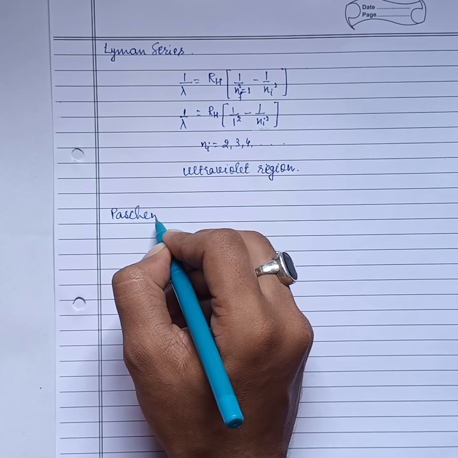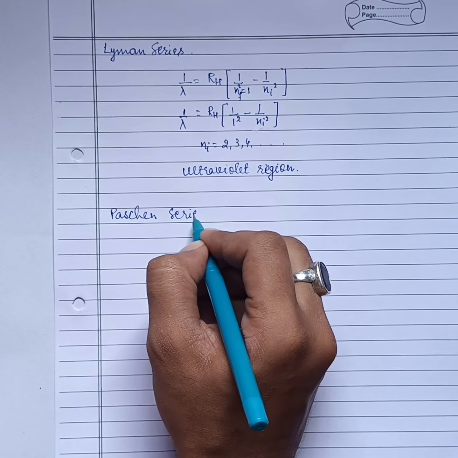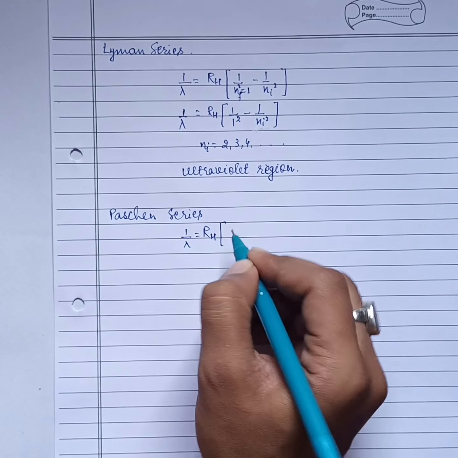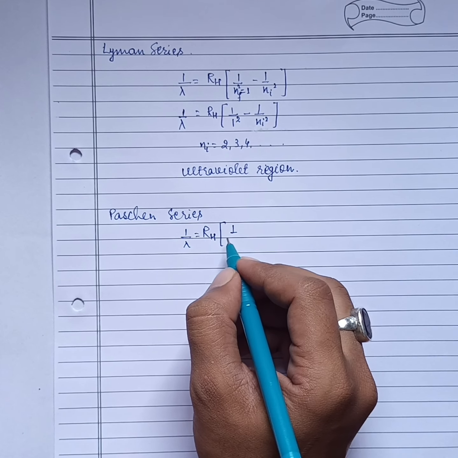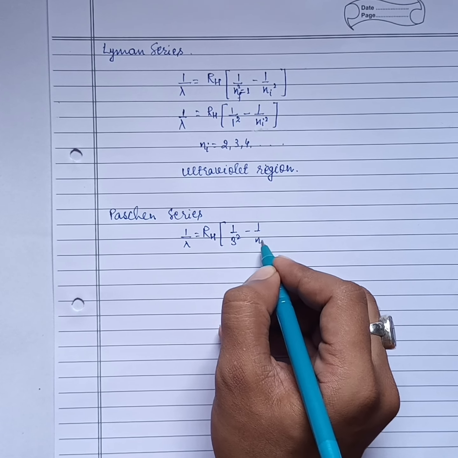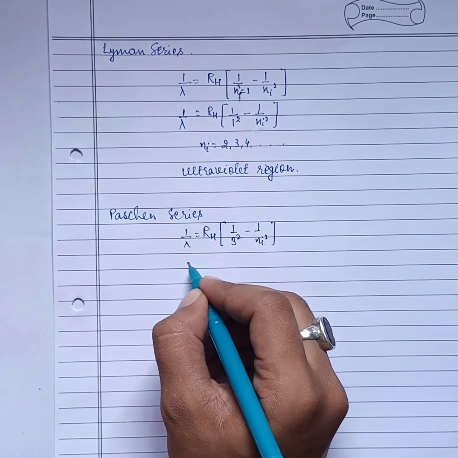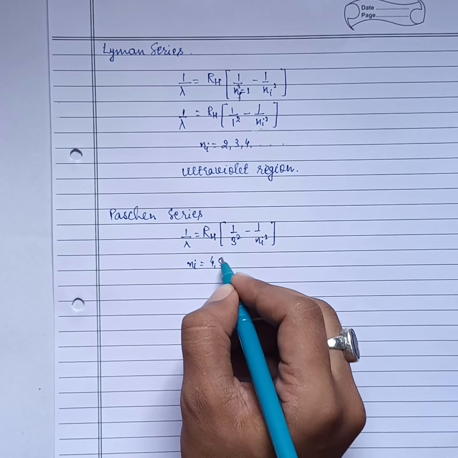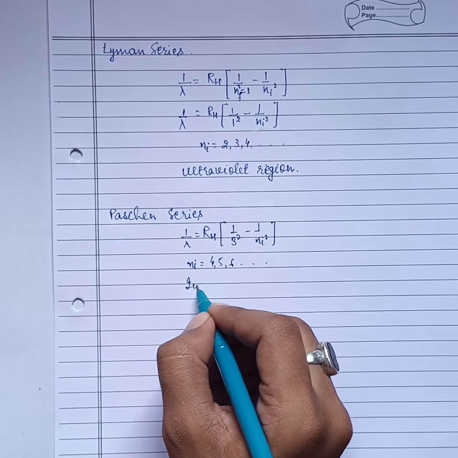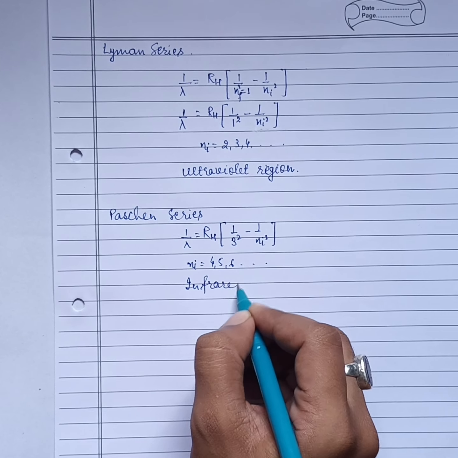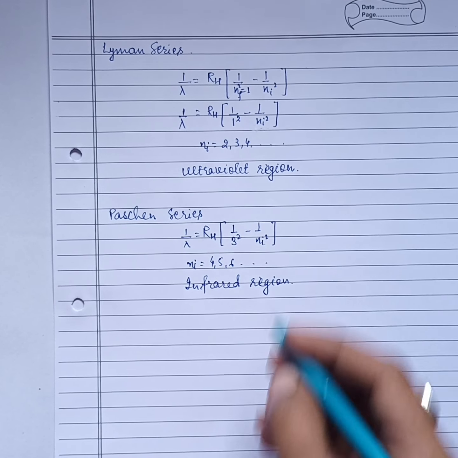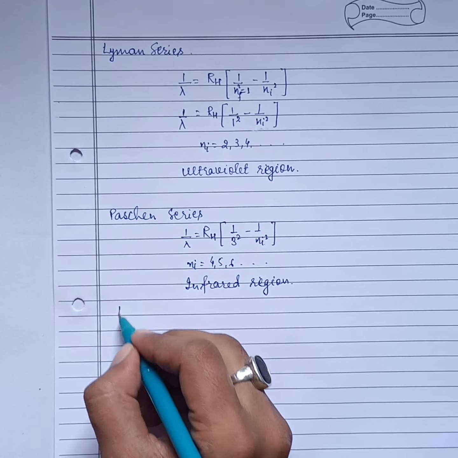Then we studied the Paschen series. Here, Paschen put 1 upon lambda equal to RH times 1 upon 3 square minus 1 upon n initial square, where n initial is equal to 4, 5, 6 and so on, and the region he got was the infrared region. Similarly, other scientists like Brackett came.